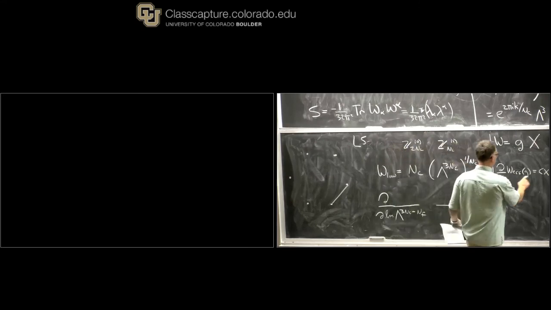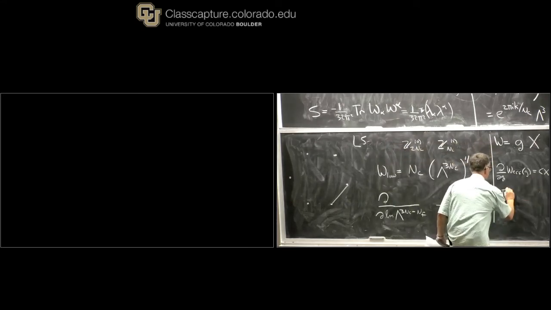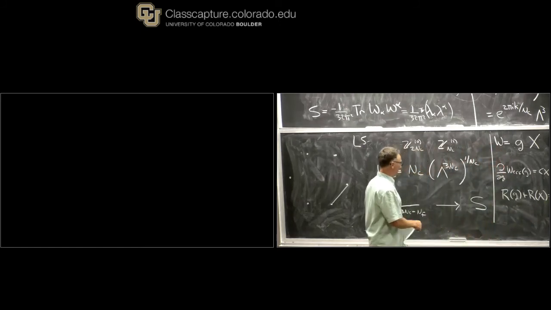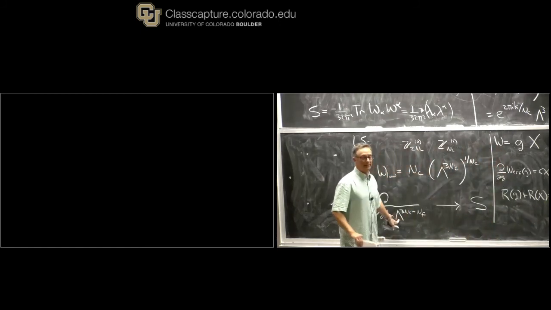So what we can see from both of these is that the R charge of g plus the R charge of X should be 2. So here this thing has R charge 2 and this thing has R charge 0. And so that fits with that.